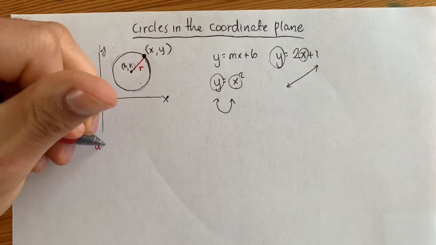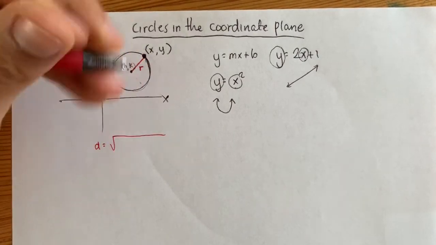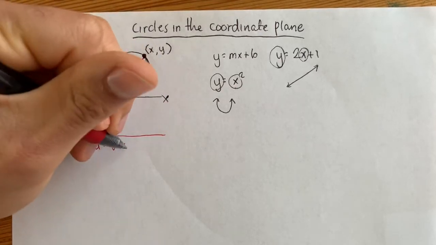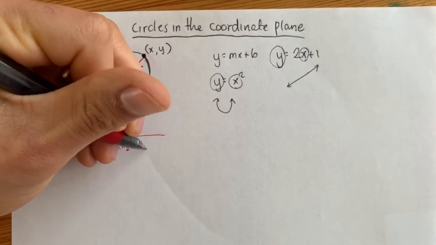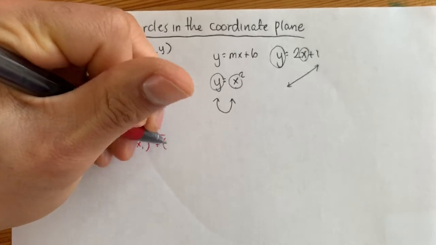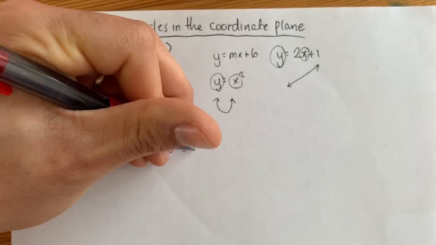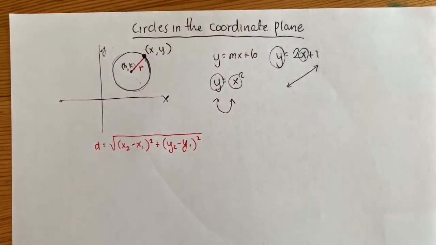So I'm going to use the distance formula to develop the equation of the circle. So here's my distance formula. And hopefully you recall this formula. It's really just the Pythagorean theorem, a more official version of it.